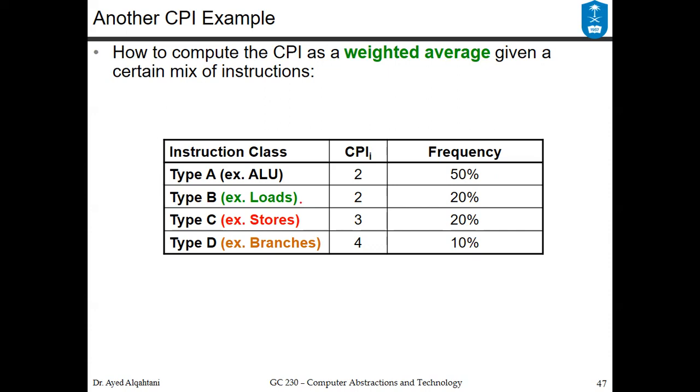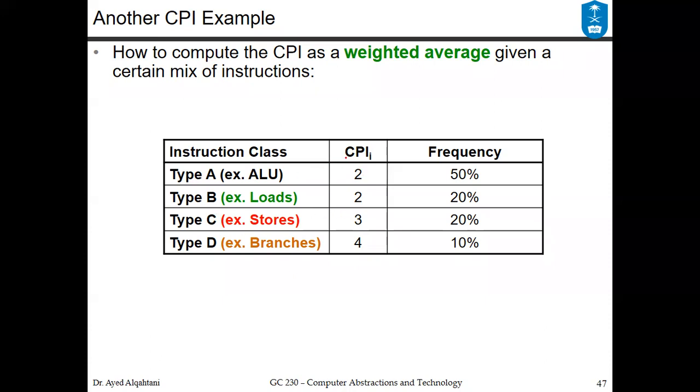Type B is the loads, which is reading from the memory. Type C is the stores, which is writing to the memory. And type D is the branches. The branches in the instructions are equivalent to the if statements in a high-level language. This could also be extended to fors and whiles and things like this. So what we did here is calculate the CPI for each one of the types, and we recorded it in the table.